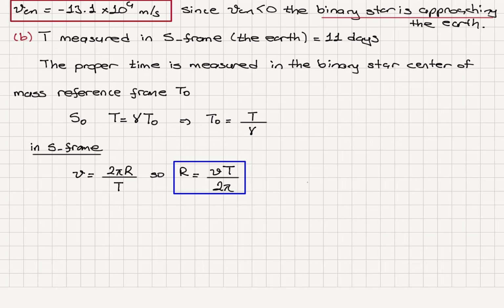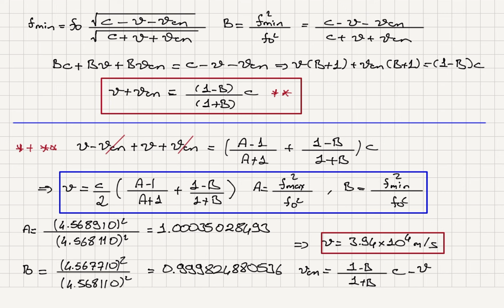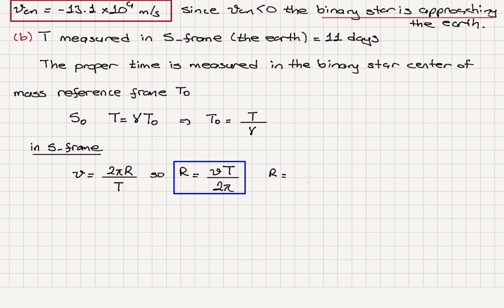So if I calculate this, because I know the orbital speed from part A, 3.94 times 10 to 4 meters per second, the radius of the orbit is 3.94 times 10 to 4 meters per second, times the period, which is 11 days.